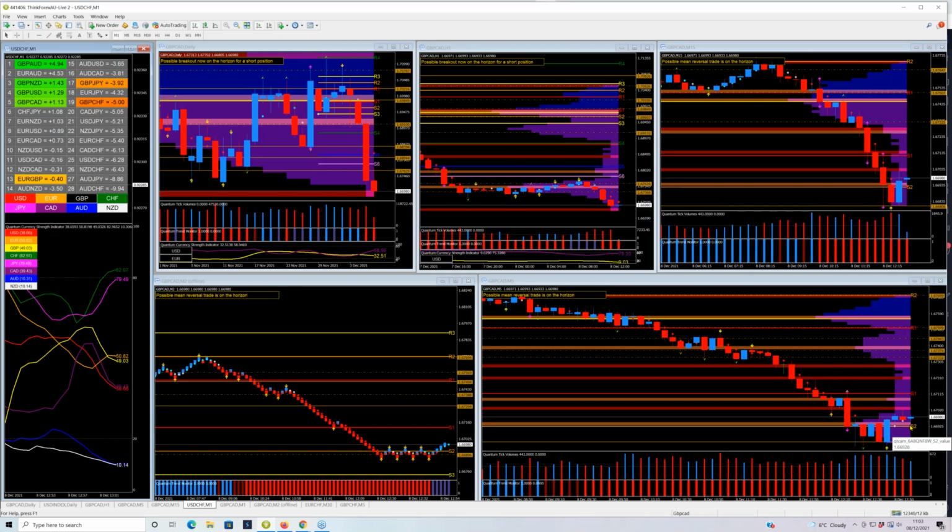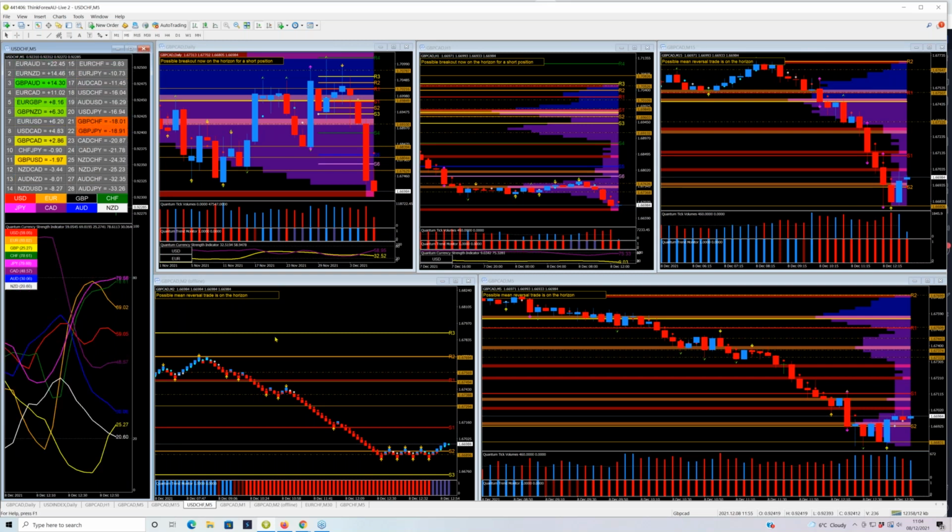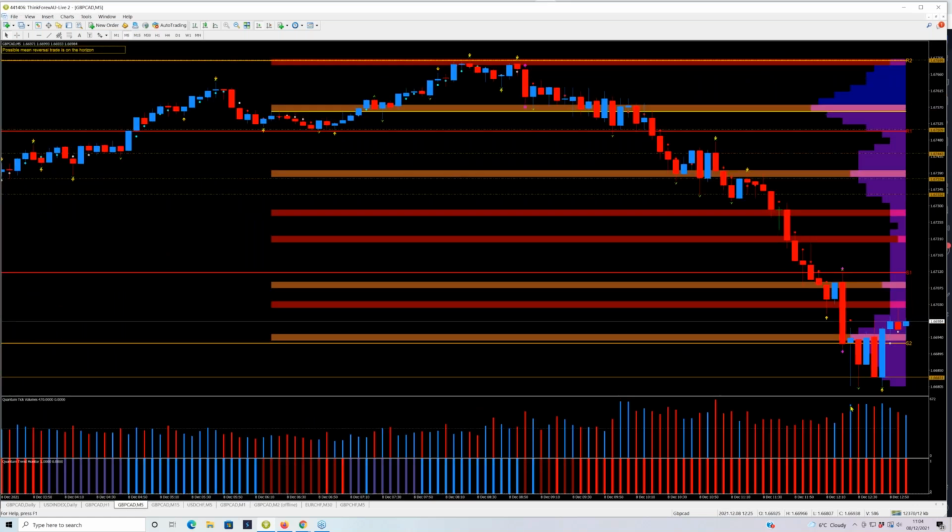So potentially it's looking to reverse, but it is going to take a little time. And then you would certainly keep an eye on the volume that is going in at this level. If the volume bars continue to come in with buying, then that looks like there is a potential there.